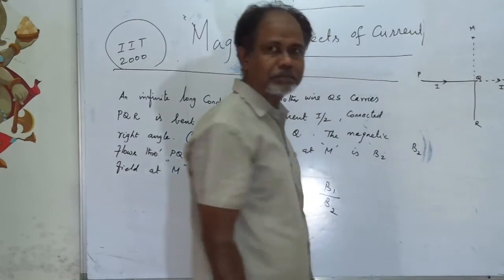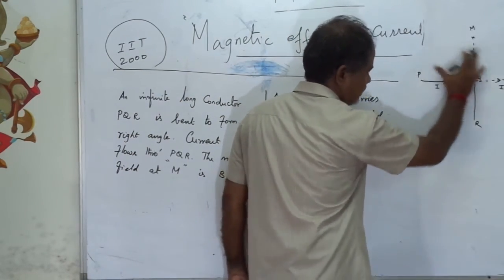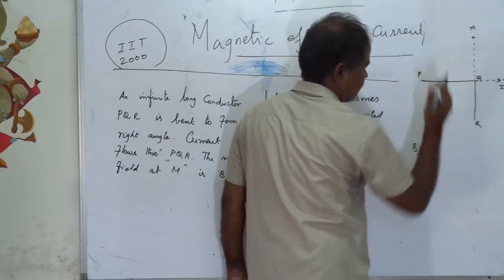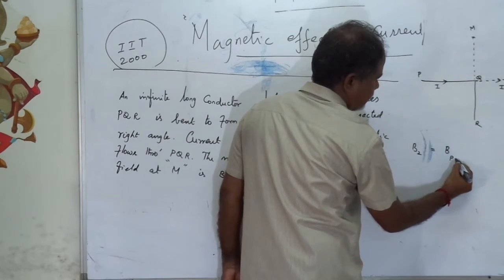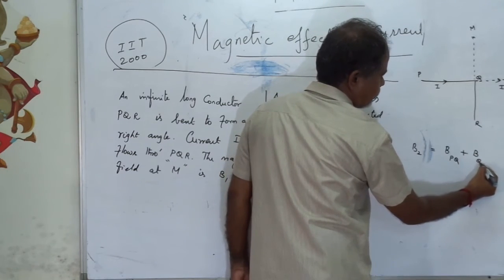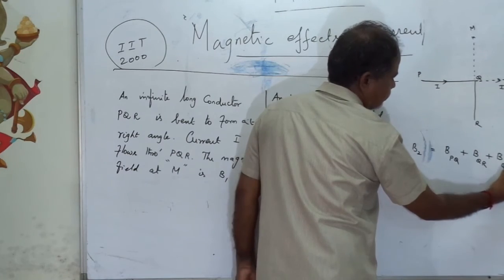V2 is the total magnetic field produced at this particular point. That is the magnetic field due to PQ, the magnetic field due to QR, and the magnetic field due to QS.